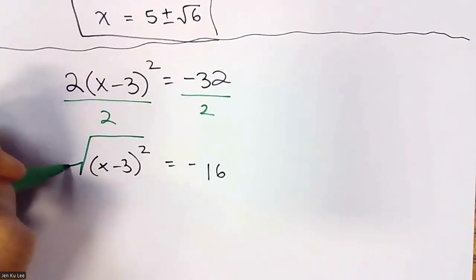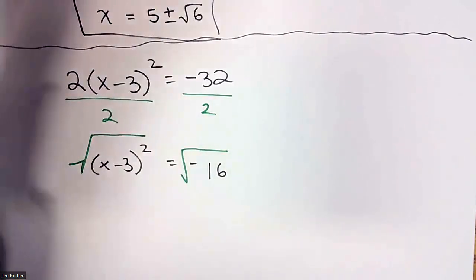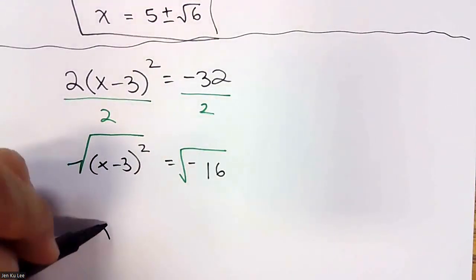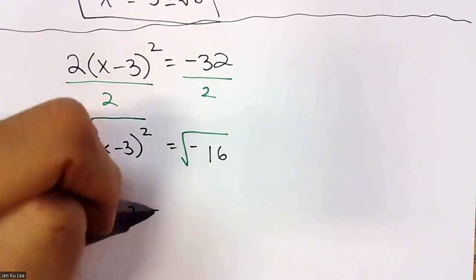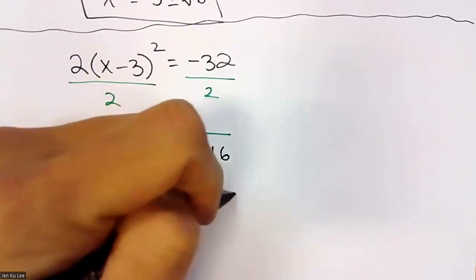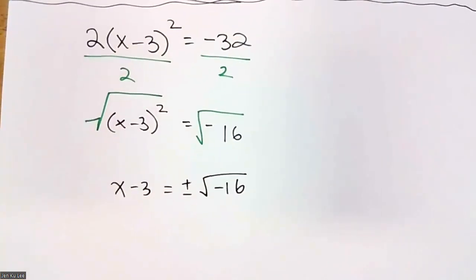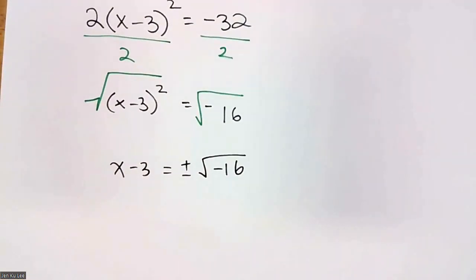And then I would square root both sides to get rid of the squared. x minus 3 equals plus or minus square root of negative 16, right? Questions?